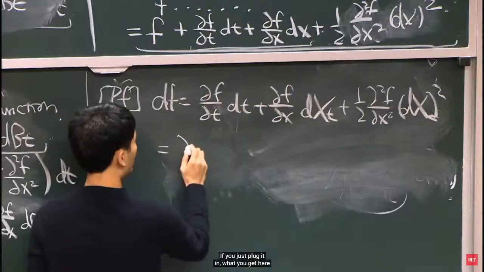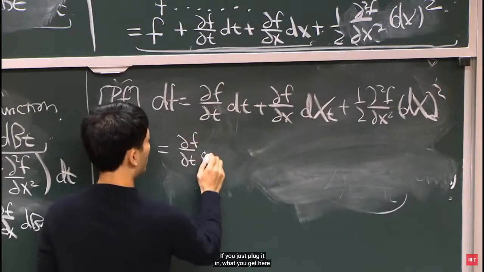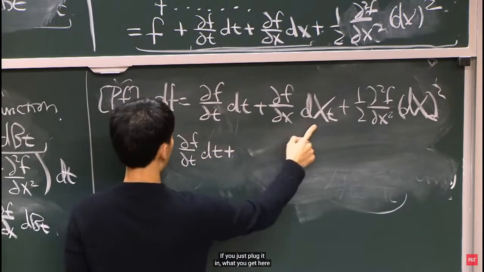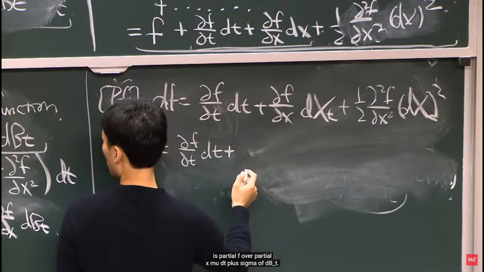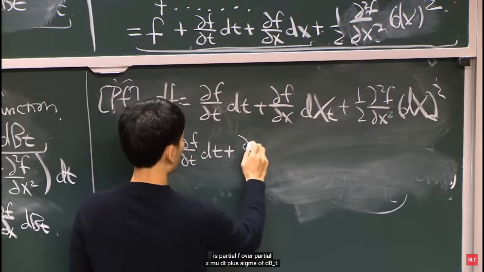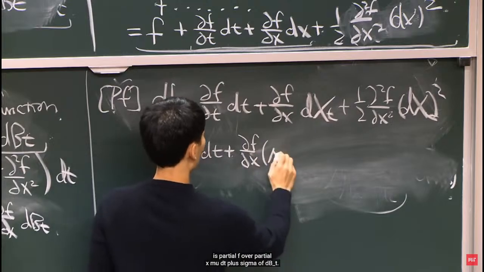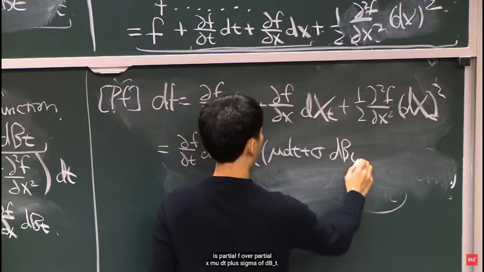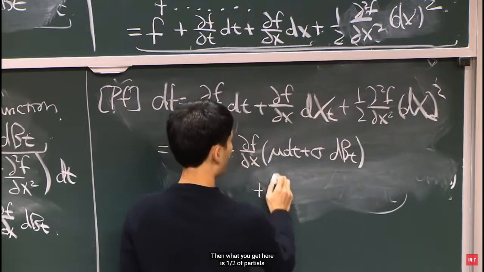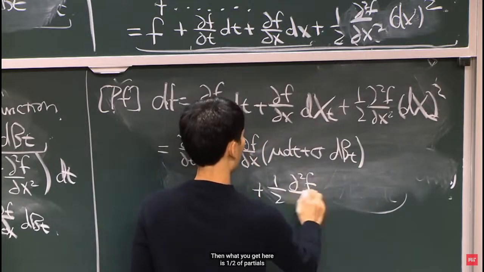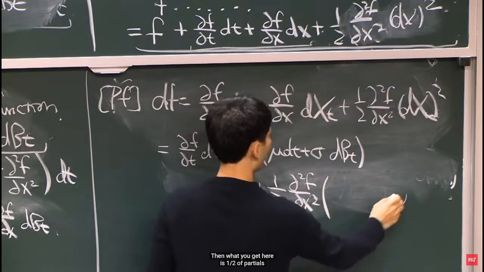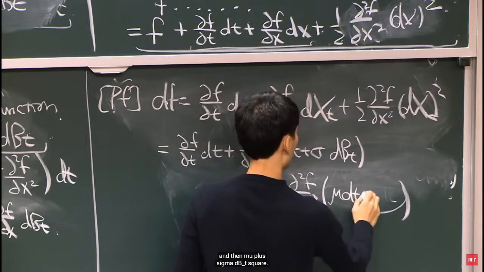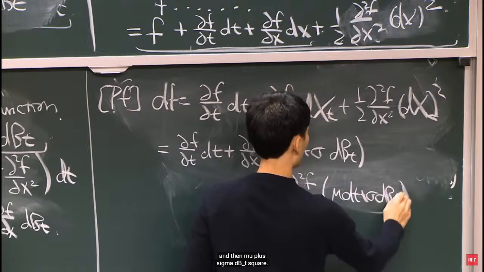If you just plug it in, what you get here is partial f over partial x times mu dt plus sigma dBt. Then what you get here is one half of partial squared f, and then mu dt plus sigma dBt squared.